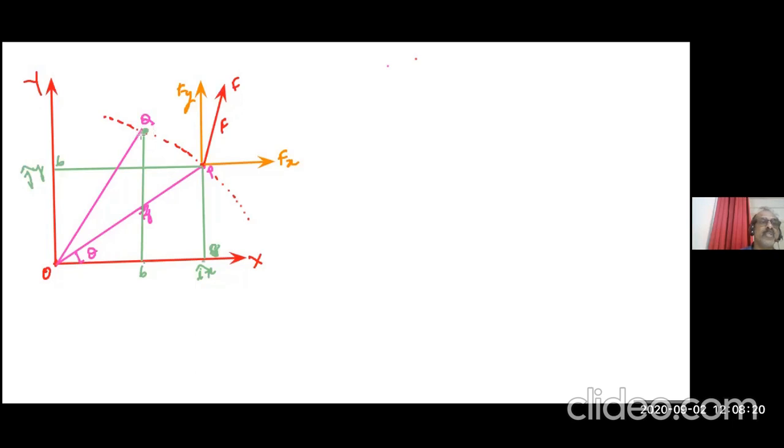That becomes 8, isn't it? Now when P shifted to Q, we can say displacement in this direction.